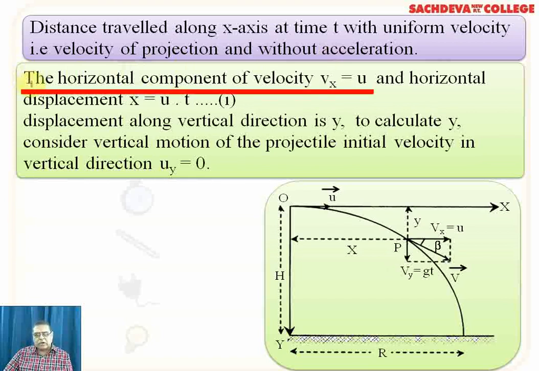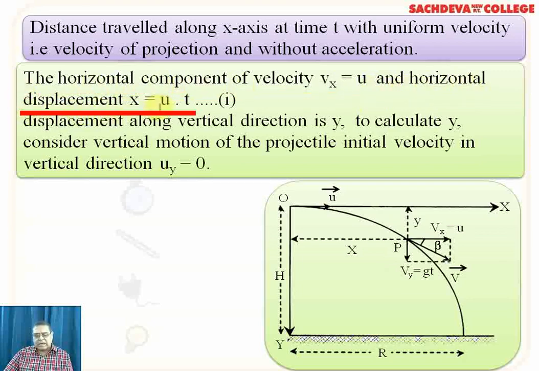The horizontal component of velocity is Vx, and that is equal to u, and the horizontal displacement is taken as x, and displacement is given by the formula velocity into time. So x is equal to u into t, and this is marked as equation number 1.